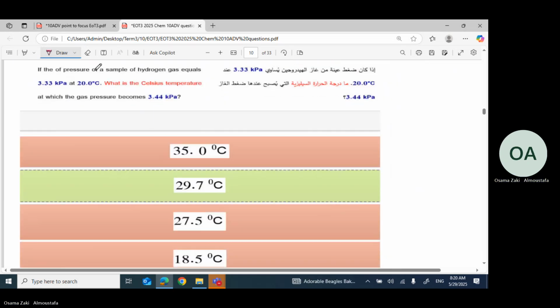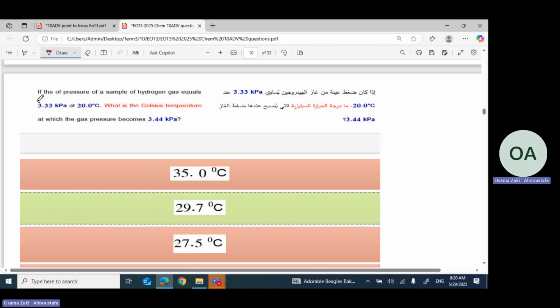Here, if the pressure of the sample of a hydrogen gas is, so this is P1, and this is T1, but as we said, temperature in Celsius is not accepted. You cannot use it in calculations. So temperature equals 20 plus 273, so 293 Kelvin.